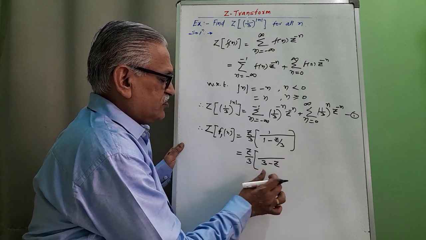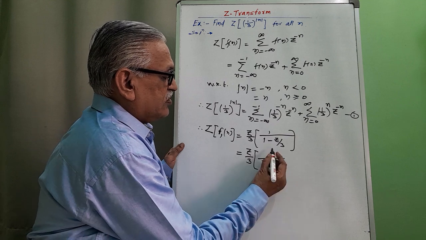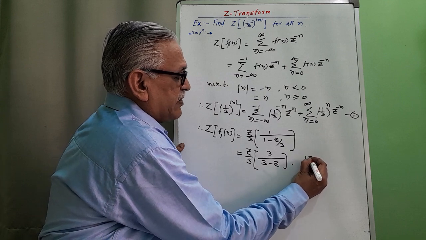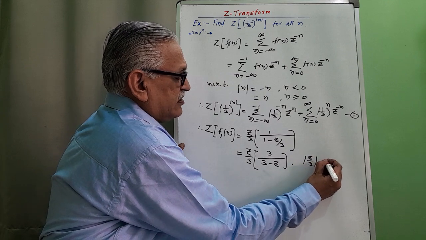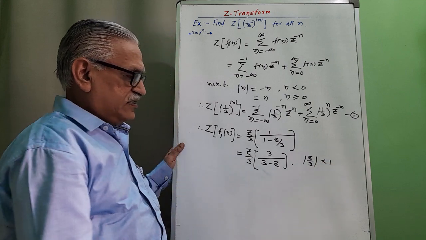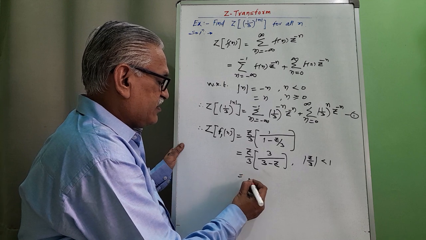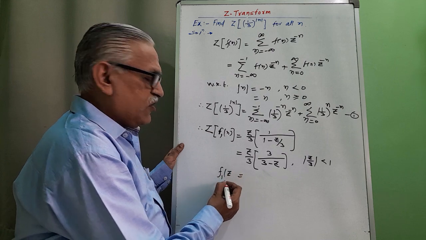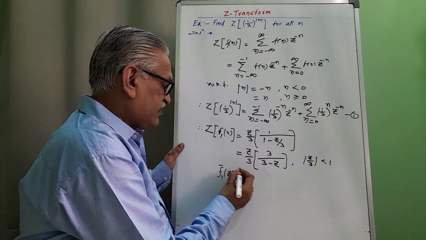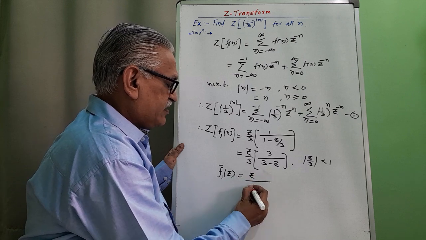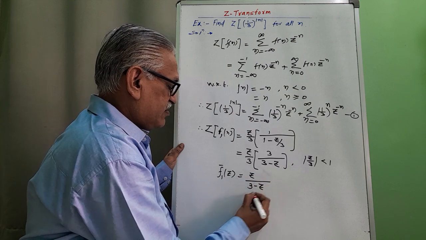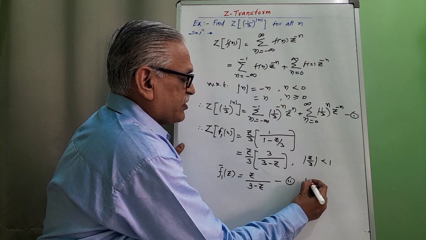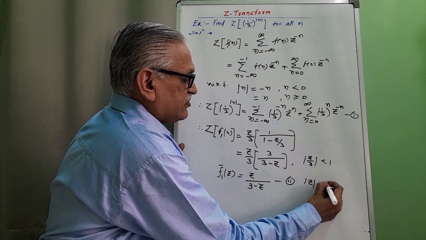That 3 goes to the numerator, with the condition mod of z by 3 less than 1, and therefore 3 gets cancelled. We get the Z transform for the first term as z divided by 3 minus z. We call this equation 2, and the condition is mod z less than 3.